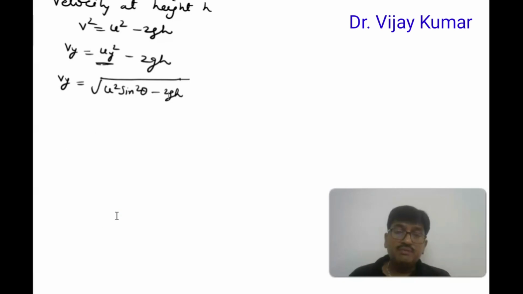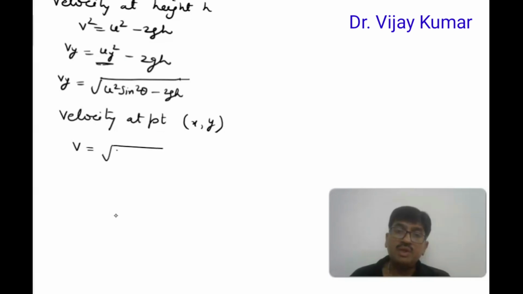Suppose we have to calculate the velocity at point xy on the projectile path, at this coordinate xy. Then v should be under root vx square plus vy square, since vx and vy are perpendicular to each other.